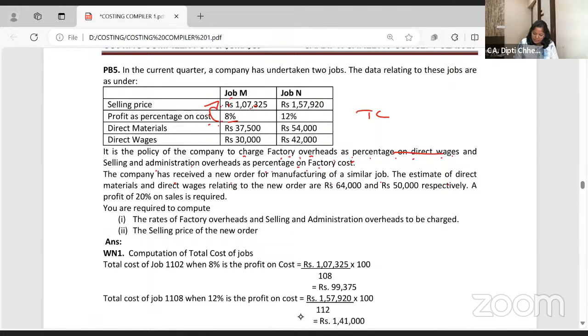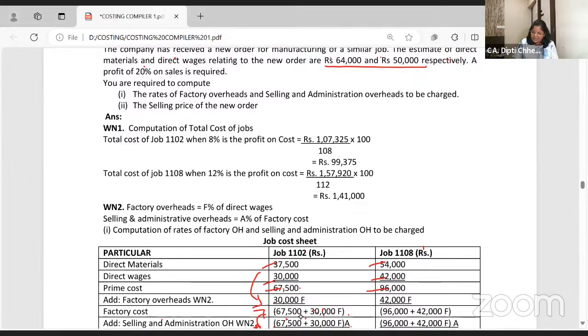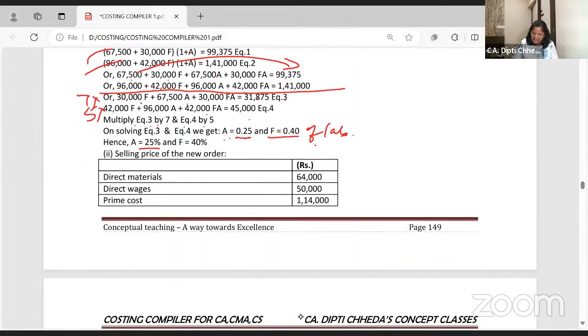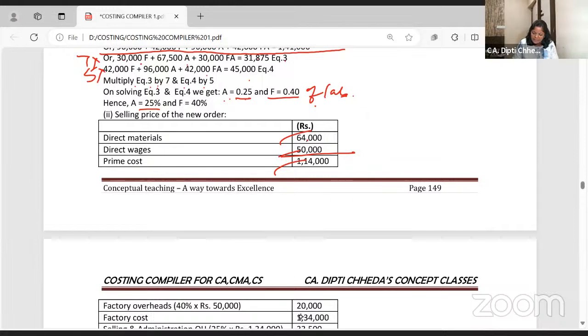Now, they said the company has received a new order in which material and wages they clearly know: it is 64,000 and 50,000. So 1,14,000. Now we know that factory overhead is 40% of the labor.